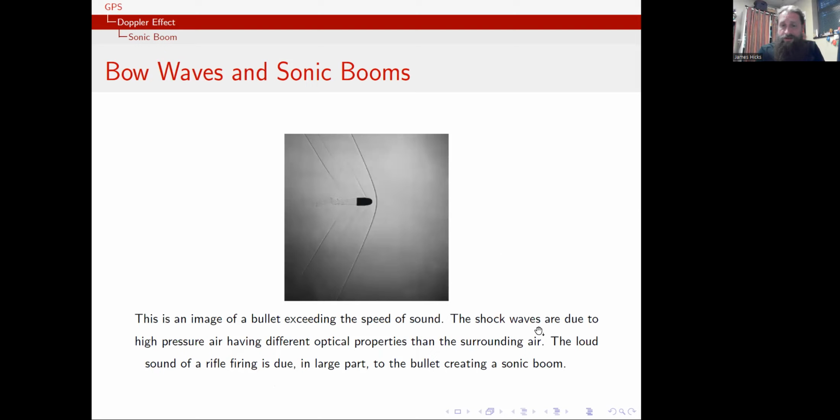Same technology, different subject. This kind of looks like a boat going through a still lake. It's a bullet going through air, and you get a shock wave out front and a smaller shock wave out back and some turbulent flow behind it. Part of this shock wave is the loud sound you hear of someone, like the crack of a rifle.